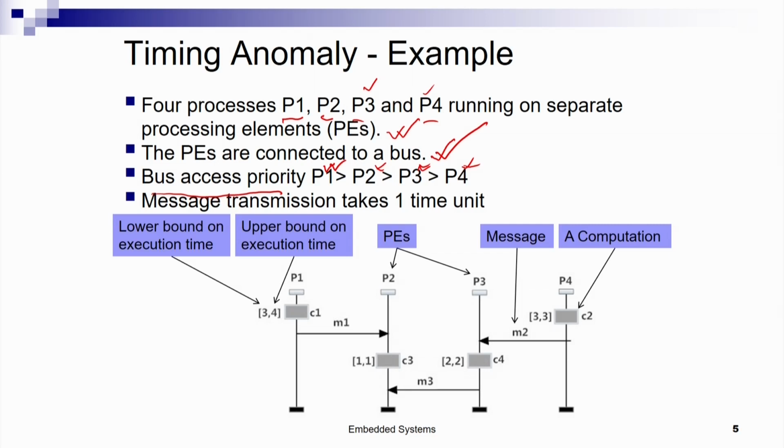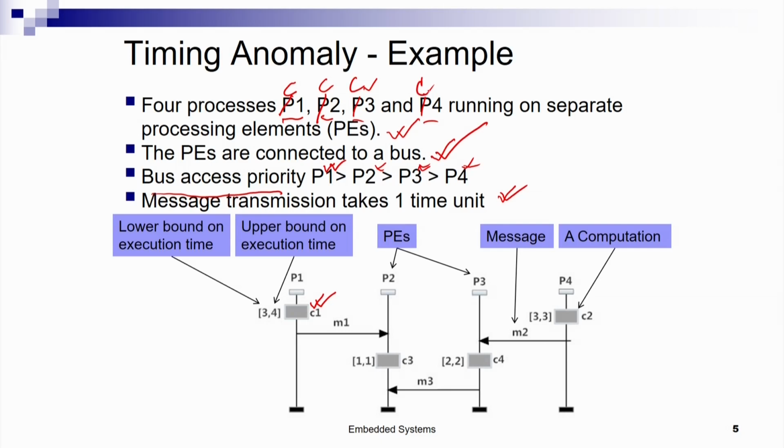Also, for the sake of simplicity, we assume that all message transmissions only take 1 unit of time, just one piece of data. These are the processing elements P1 to P4, and the processes or tasks are C1, C2, C3 and C4.